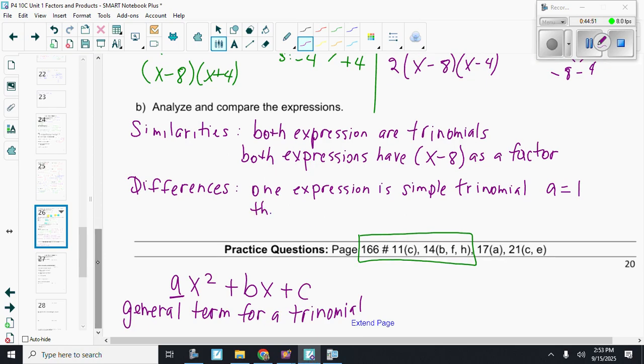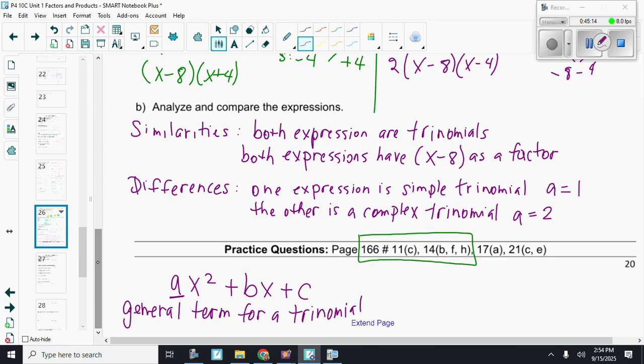The other is what we call a complex trinomial. a isn't equal to 1. In this case, a is equal to 2. Okay, anything else that's different?